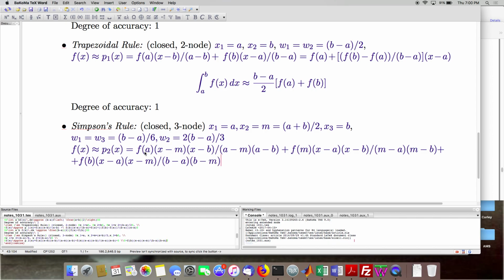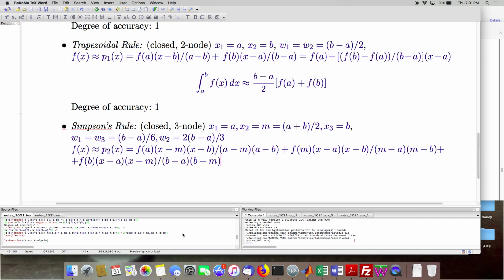So it's kind of long-winded here, but the integrals of these Lagrange polynomials give the weights. The first one and the last one are (b minus a)/6. This one, its integral is 2 times (b minus a)/3.